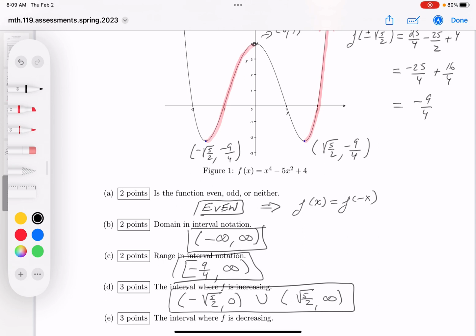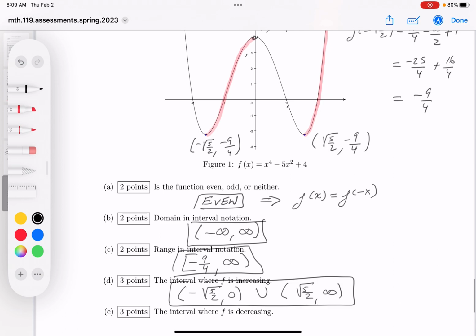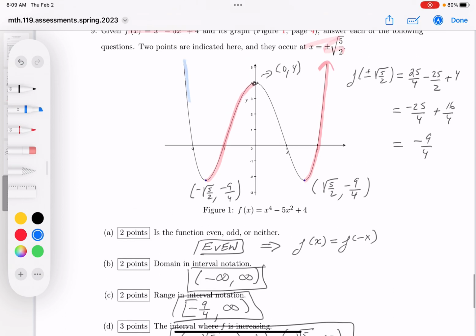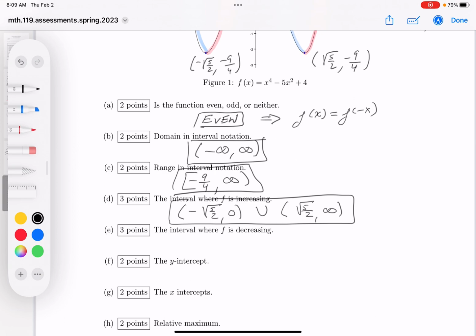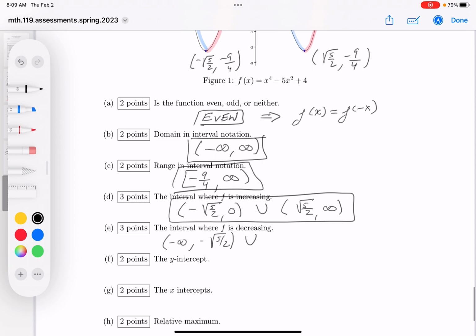And the next one is, where's it decreasing? Let me just emphasize what that means. That means we're going down. Where's it going down? From minus infinity all the way up to minus the root of 5/2, union 0 up to root 5/2.